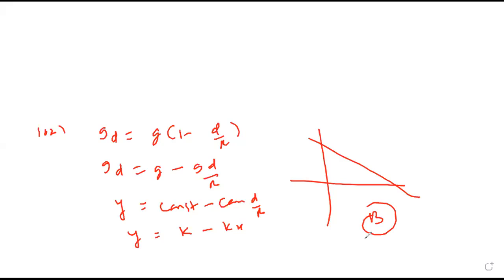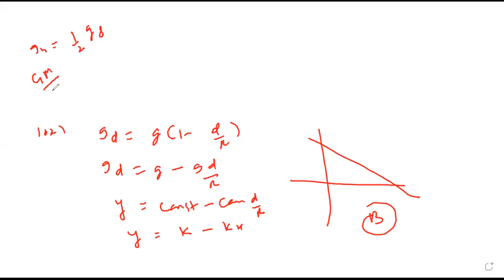At what height above the surface of Earth value of acceleration due to gravity will be half the value on the surface. So this formula you can use. g_h is half of g on the surface.